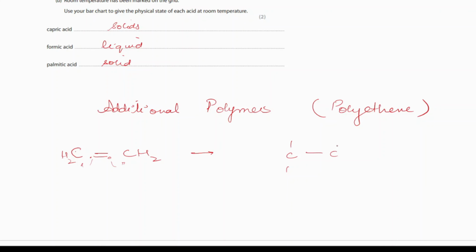These bonds would be shared with other units of ethene. So this unit of ethene would be repeated multiple times. Again, we would have ethene over here and here, here and here. Similar would be here. A unit of ethene would be repeated many times.